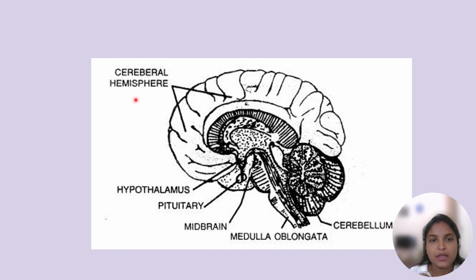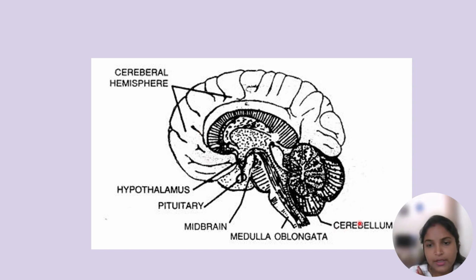Here you are seeing the cerebral hemispheres. The cerebrum is the most occupied area of the brain, so it is divided into two halves, right and left. We have the right cerebral hemisphere and the left cerebral hemisphere, as seen from the back.